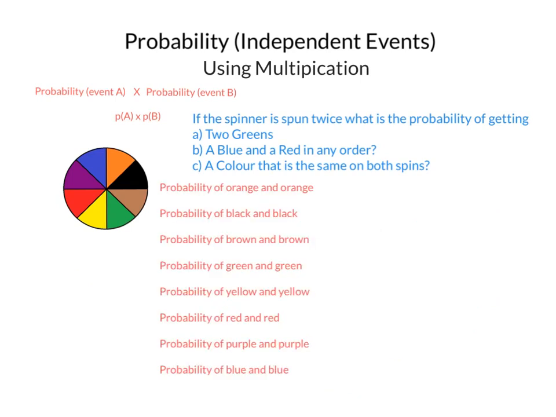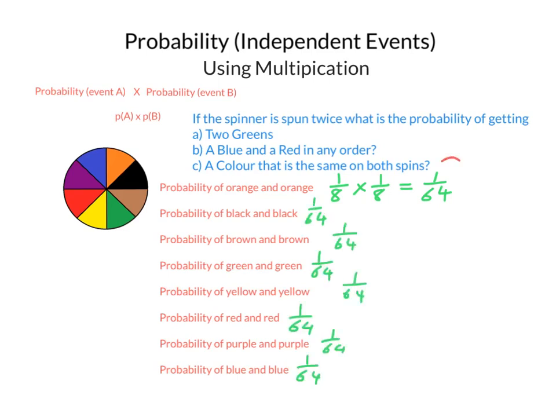In question C, a colour that is the same on both spins. Well, the probability of getting an orange and then an orange is 1 in 8 multiplied by 1 in 8, which is 1 in 64 chance. In fact, there's a 1 in 64 chance of getting any of these colours on both spins. So all in all, there are 8 opportunities, each with a 1 in 64 chance that a colour is the same on both spins.